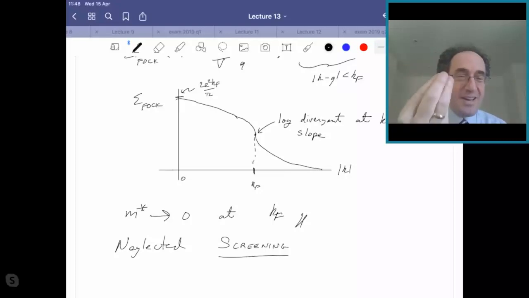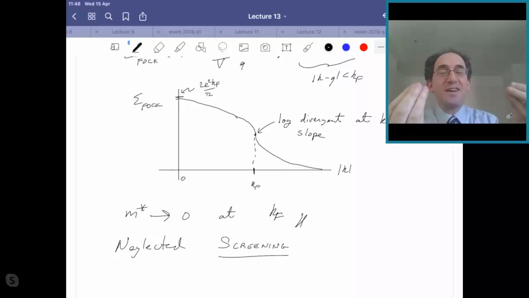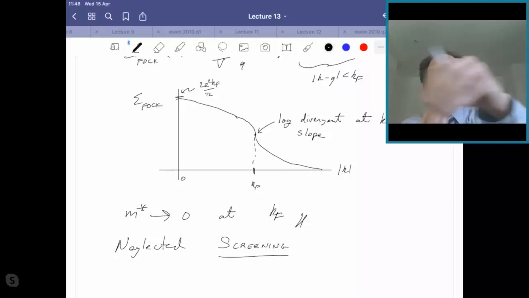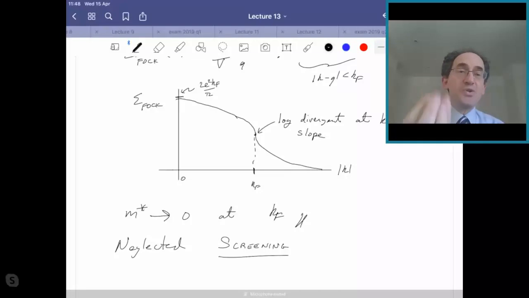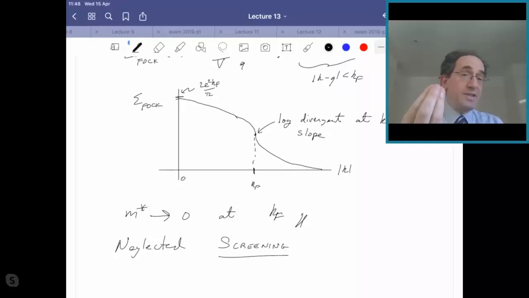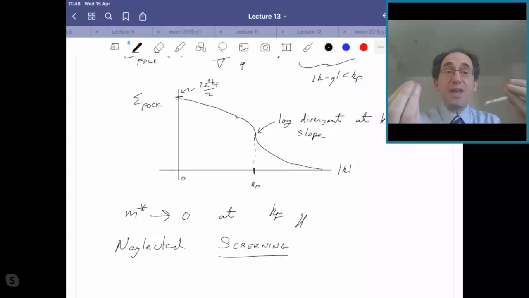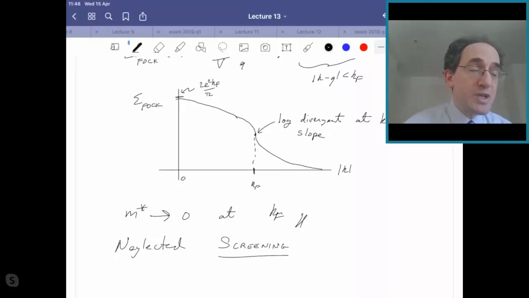So you have an electron over here and another electron over here, and this electron is screened by its friends in the sense that they move slightly away from the electron in the middle, such that the neutralizing positive background neutralizes the charge of that electron in that area, and from a distance slightly further away, you can't even see that there's a charge there, so that the effective interaction can be much, much shorter than what we usually think of as Coulomb interaction.